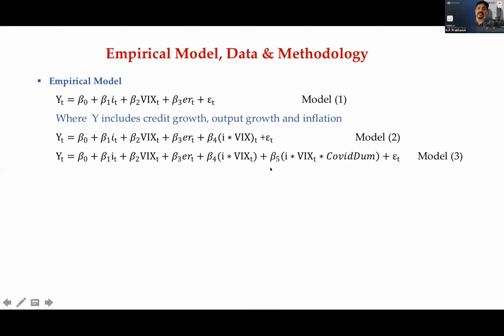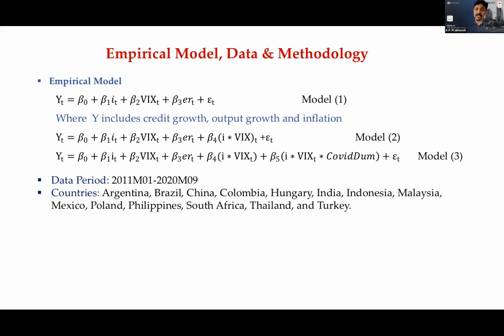We use monthly data from January 2011 to September 2020. We choose 14 countries based on the severity of COVID-19: Argentina, Brazil, China, Colombia, Hungary, India, Indonesia, Malaysia, Mexico, Poland, Philippines, South Africa, Thailand, and Turkey.